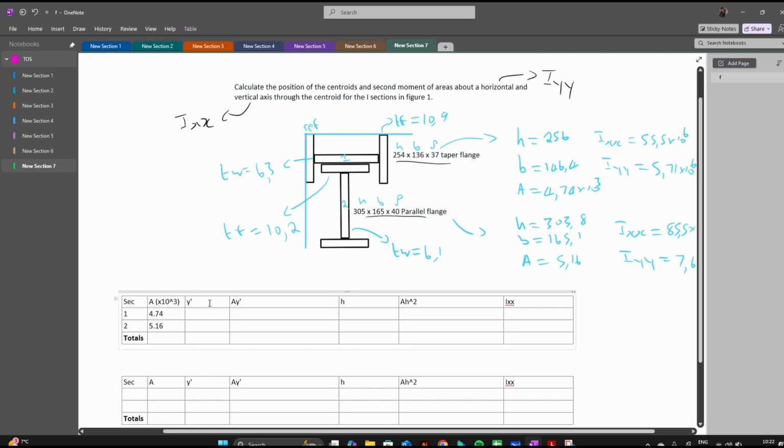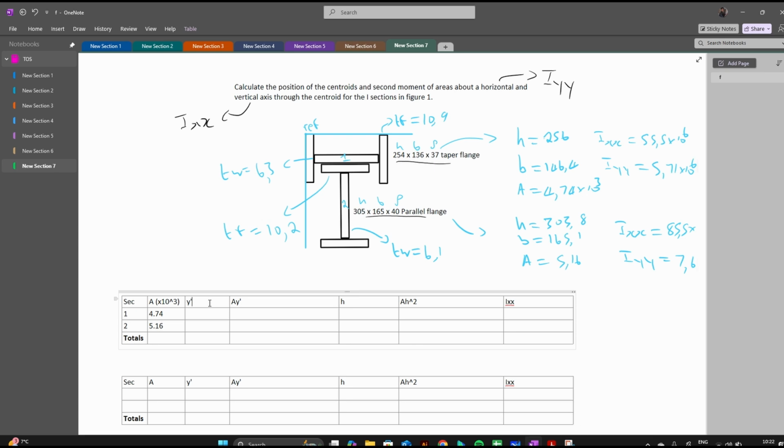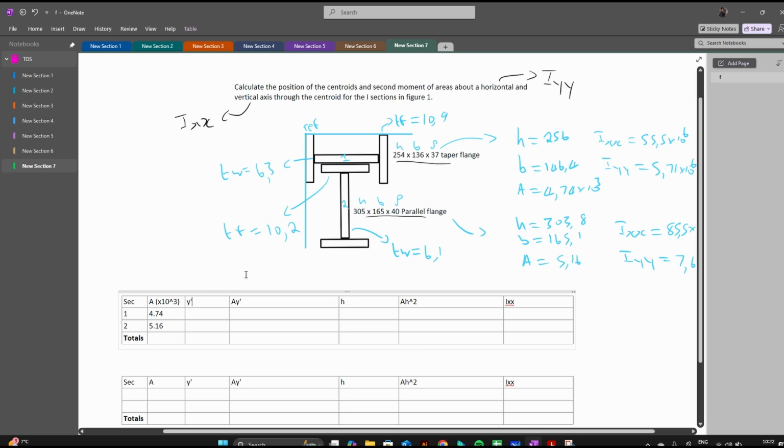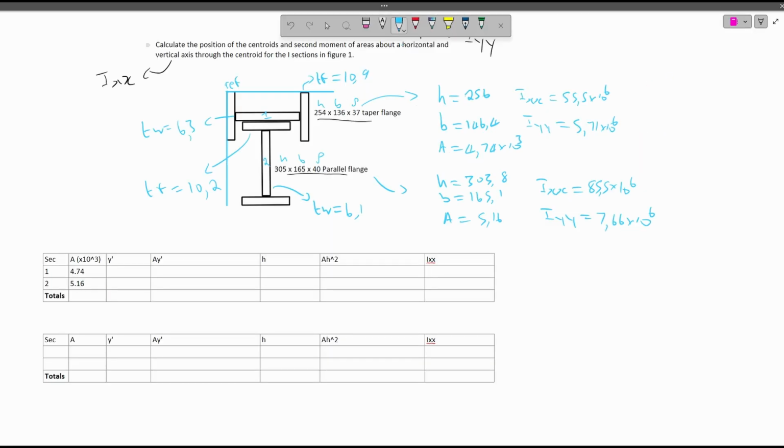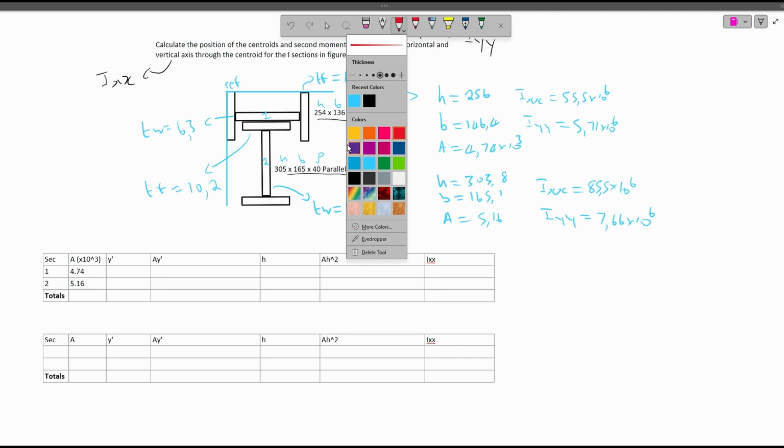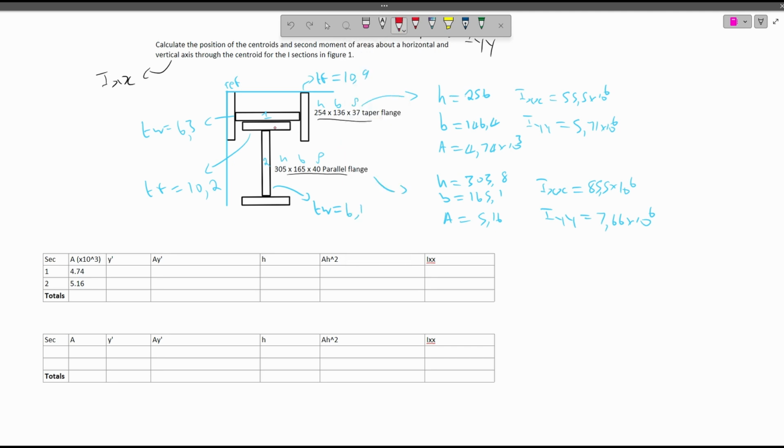Now let's go to our y-bars. The y-bar for our section 1 is going to be at the center. We're moving from our reference point, which is here, to the center of our section, which is going to be here.